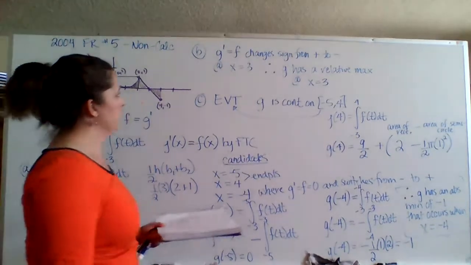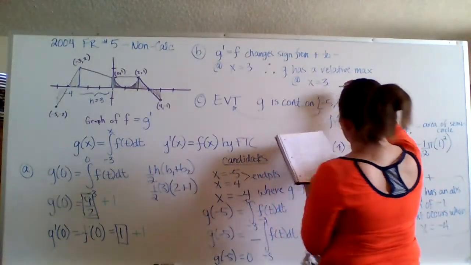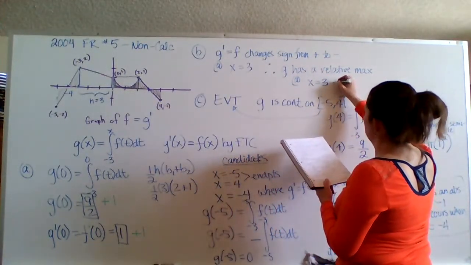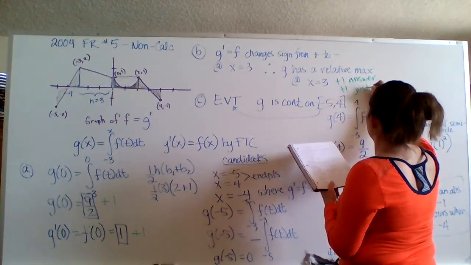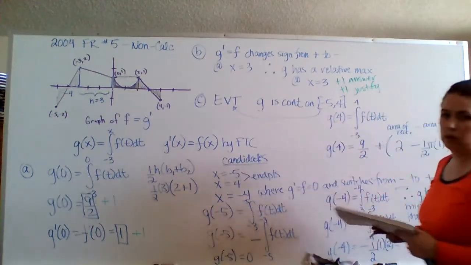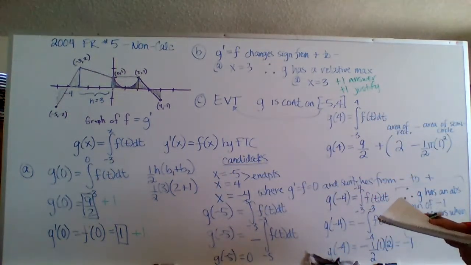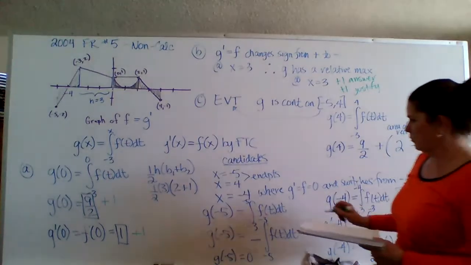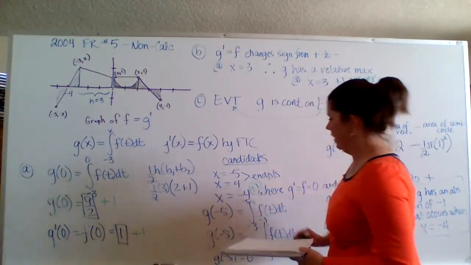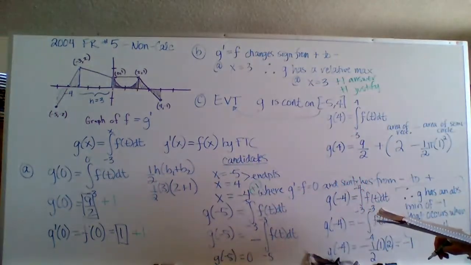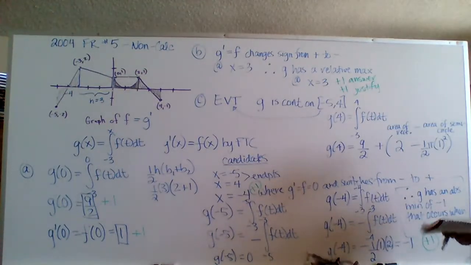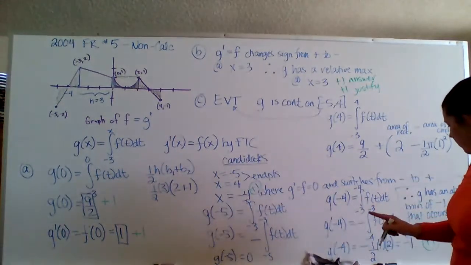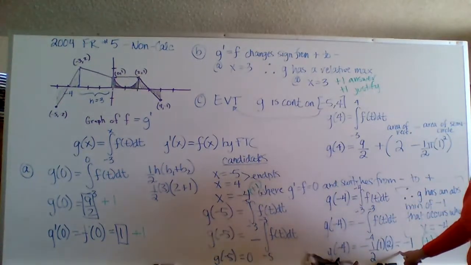You get 1 point for your answer, that you had a relative max at x equals 3, and then 1 point that you justified correctly for a local justification on part B. Part C is the EBT part, so you get 1 point that you considered using -4. You got 1 point for your answer, you got 1 point actually for getting -1 for g of -4.